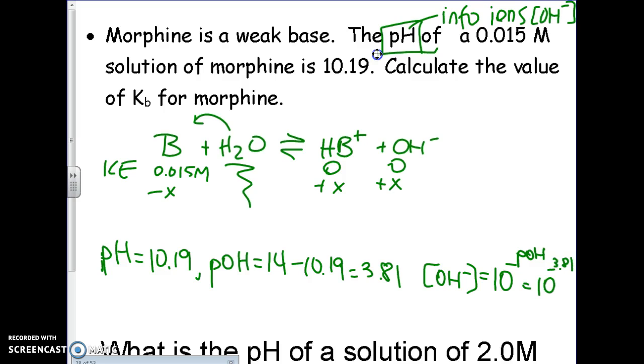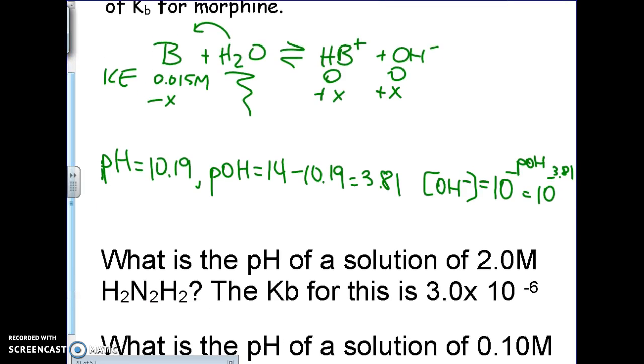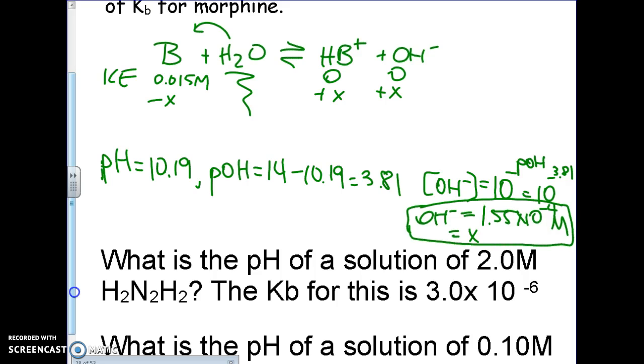That gives us a hydroxide concentration of 1.55 times 10 to the negative 4th molar. This hydroxide concentration literally gives us what x is equal to. And x is equal to hydroxide, and x is equal to both the products. So if I plug that into my Kb expression, I can actually solve for Kb.